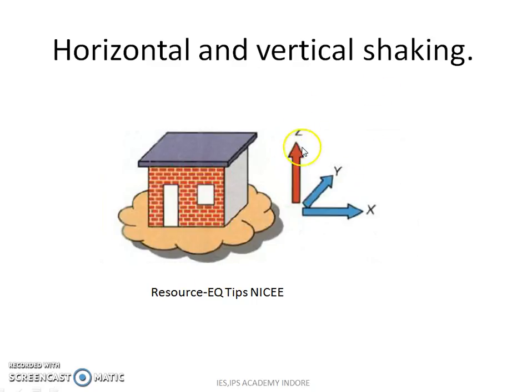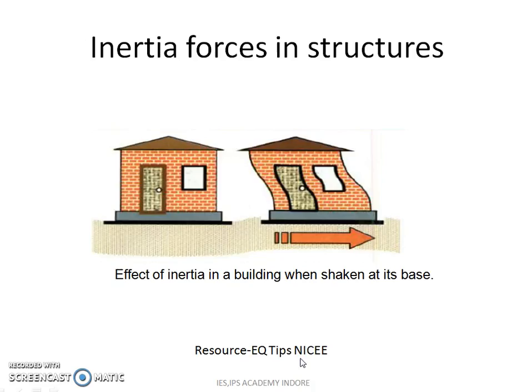This gravity load acting in the z direction is sufficient to resist the force exerted due to shaking along the z direction. But for the x and y directions, we need to design the building to resist the seismic force along x and y, that is, basically the horizontal directions.